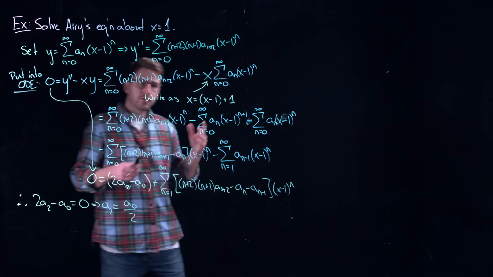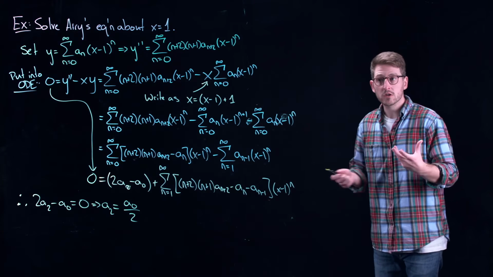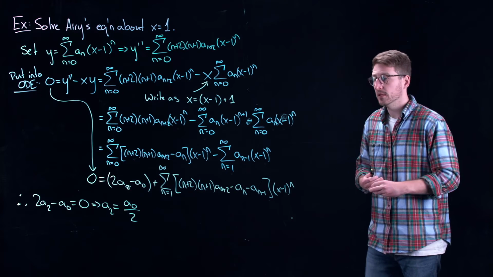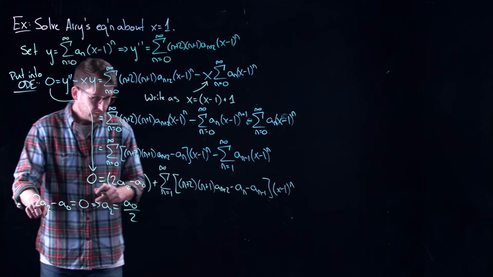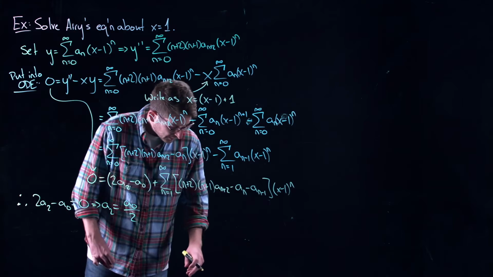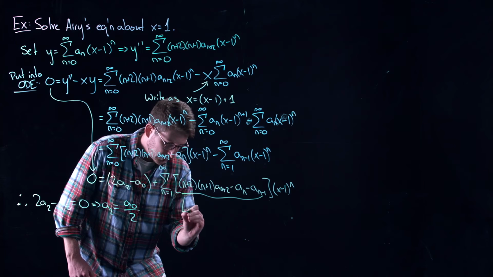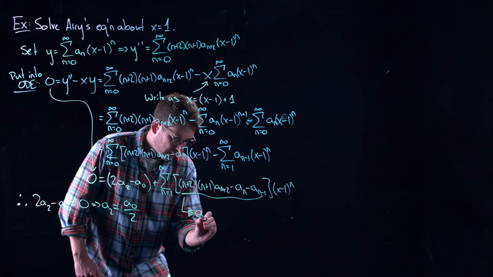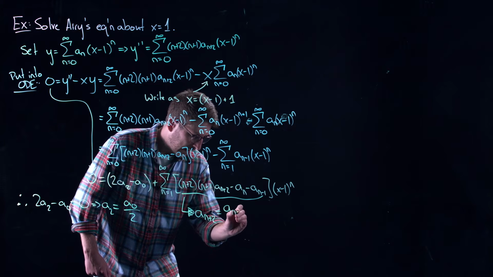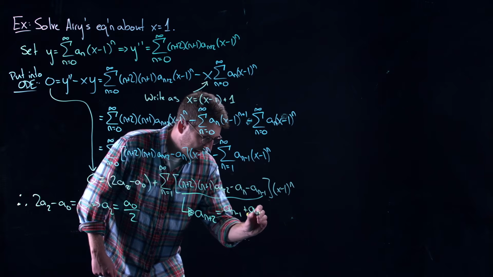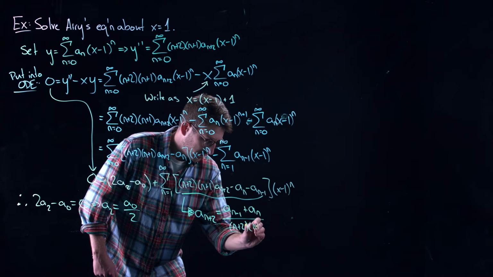That's good because what we've seen over and over again is that a0 and a1 function like my coefficients that give me my initial conditions. So that's one piece. Now the other piece simplifies to a_(n+2) equal to a_(n-1) plus a_n, divided by n plus 2 times n plus 1.